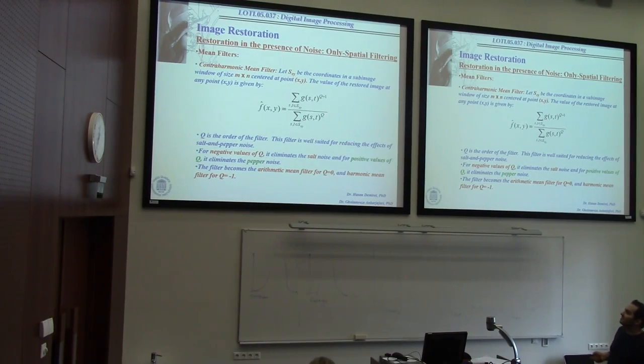It means that when the Q, that is the order of this filter, is negative, we eliminate the salt noise or the white points in the image, and when we consider Q as a positive value, we will remove the pepper noise in the image. You know that if we put Q equal to 0, we have an arithmetic filter, and if we consider Q as -1, we have a harmonic filter.